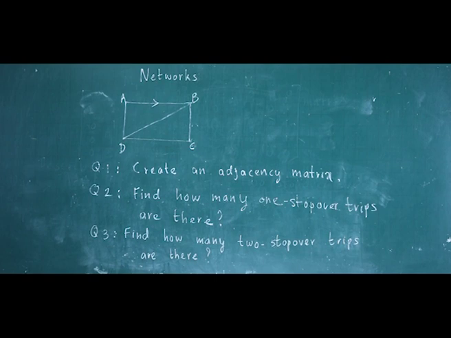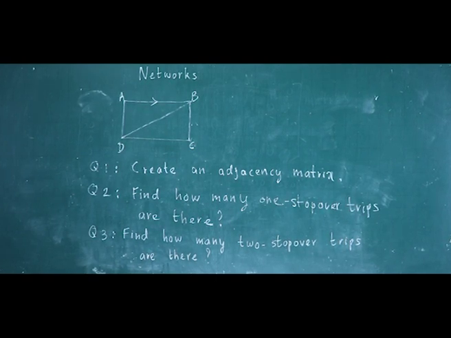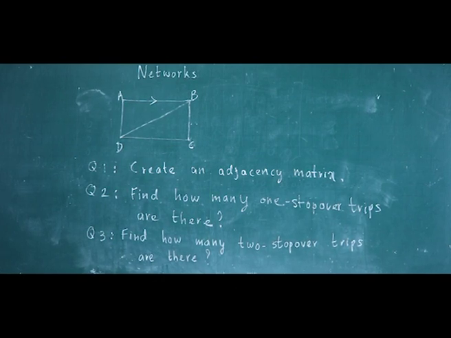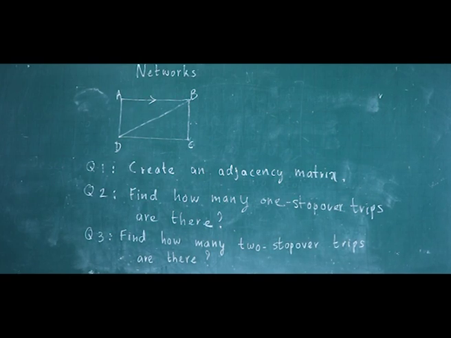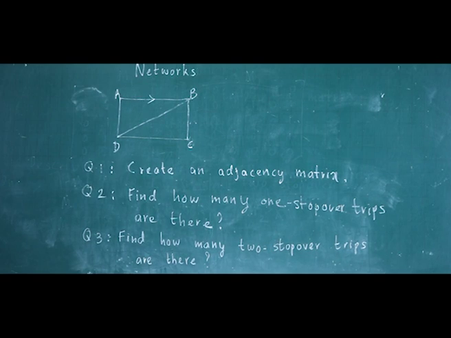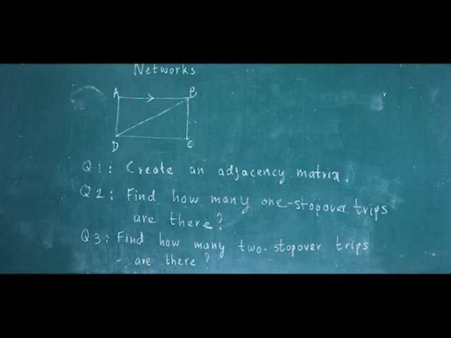I want you to create an adjacency matrix for the given digraph. Question number 2, I want you to find out how many one stopover trips there are. Then question number 3, I also want you to find out how many 2 stopover trips there are.